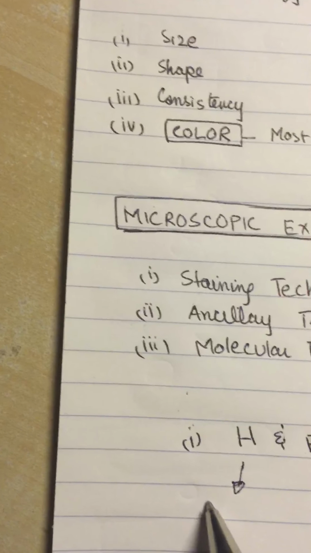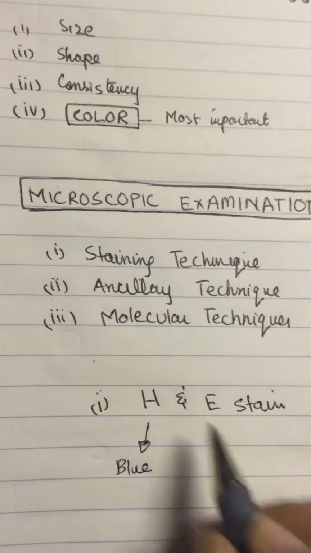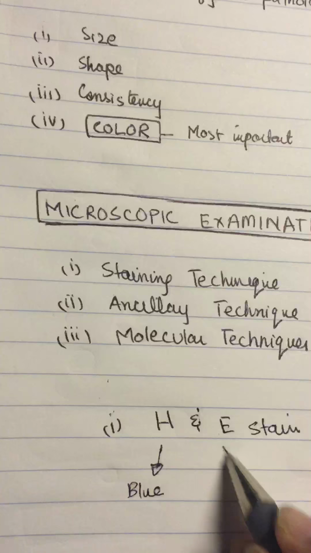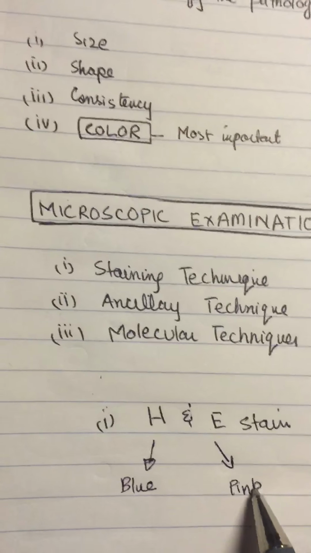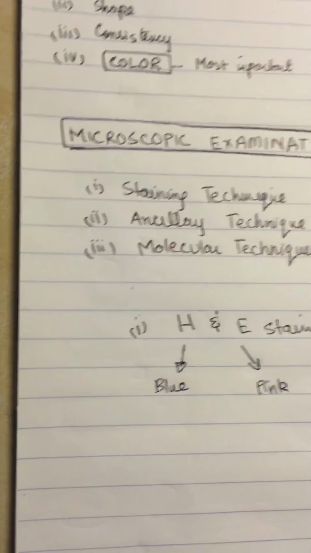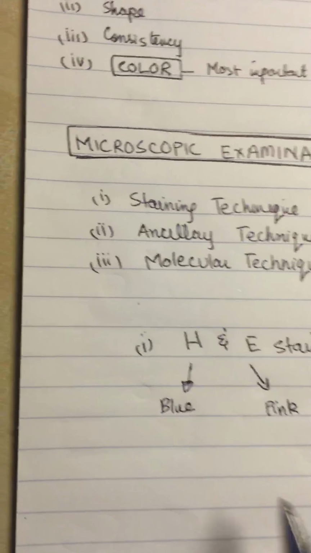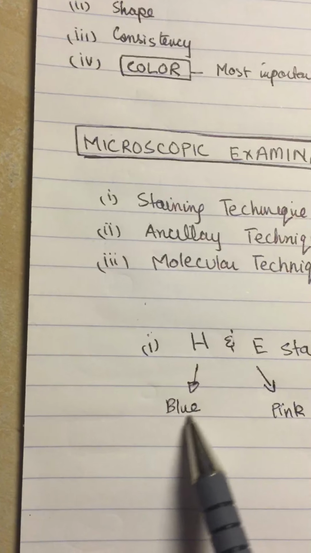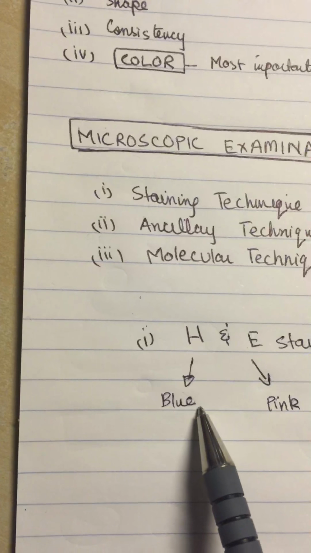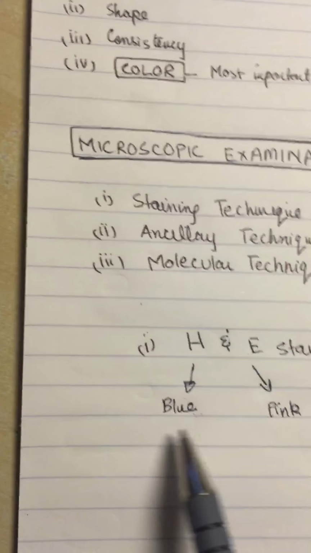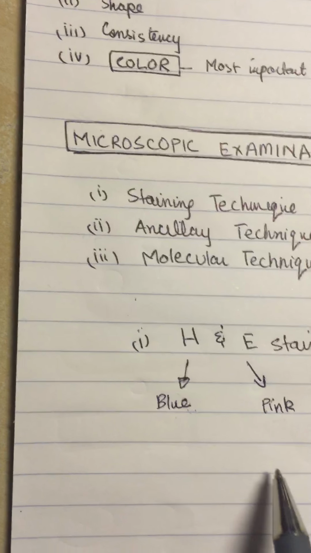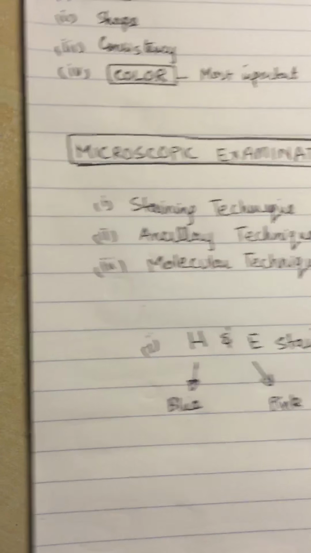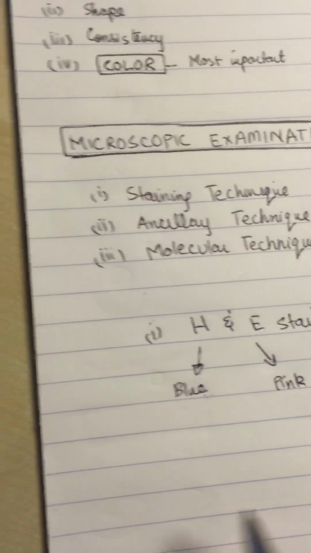The cells will appear blue when they are stained with hematoxylin, and they will appear pink when stained with eosin. Not all things stain blue, some things stain pink. So what parts of the cells are going to be stained blue?